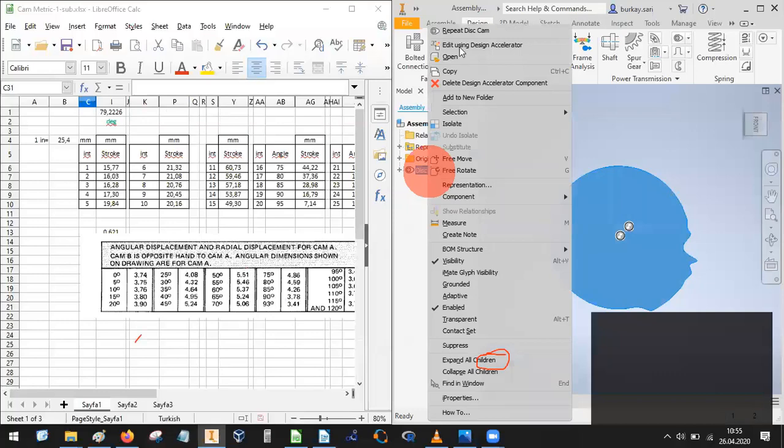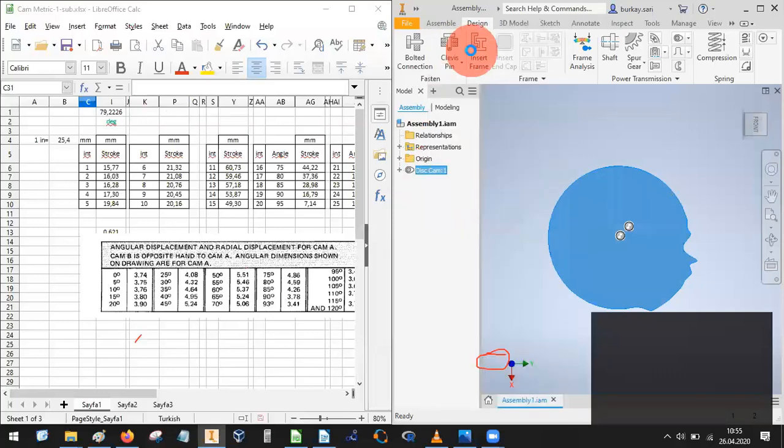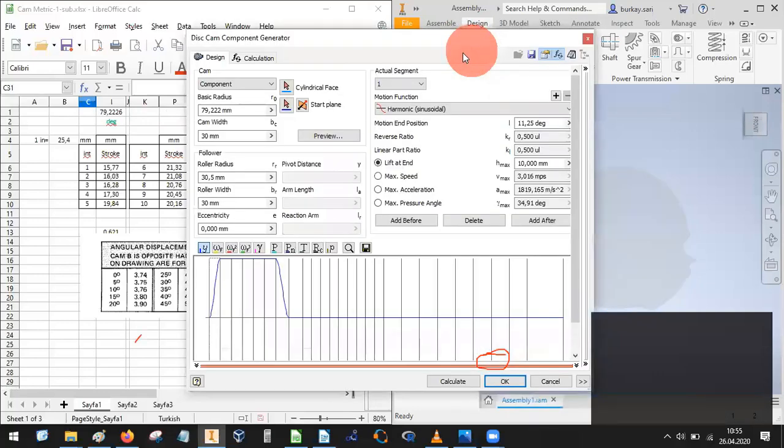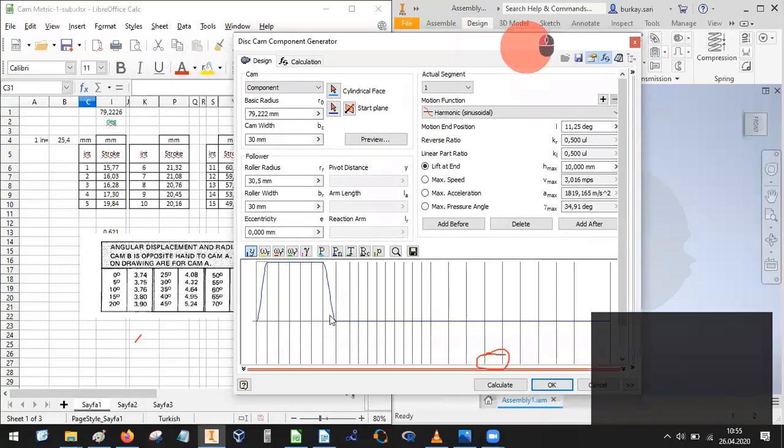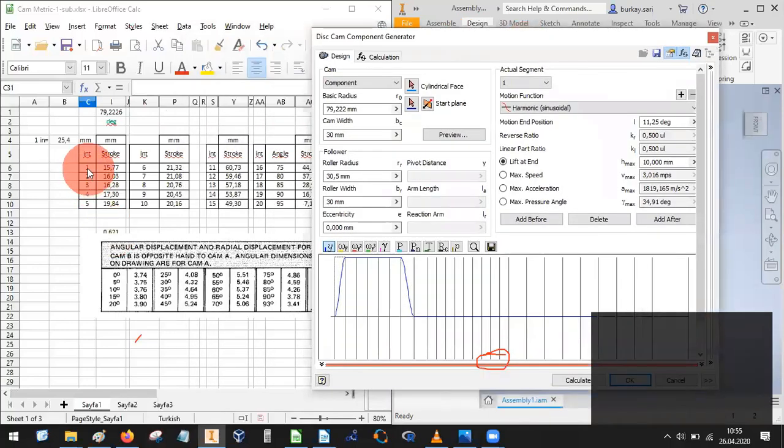Again, I will go to edit and make the entries. My first segment starts with 0 degrees and ends at 5 degrees. First, I'm going to add the degree. Then I'm going to add the 15.77, which is the lift.